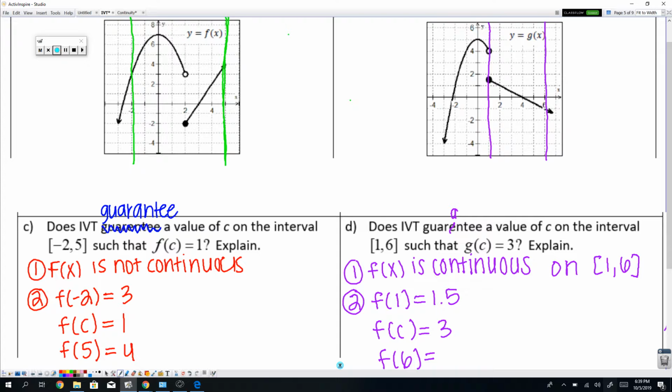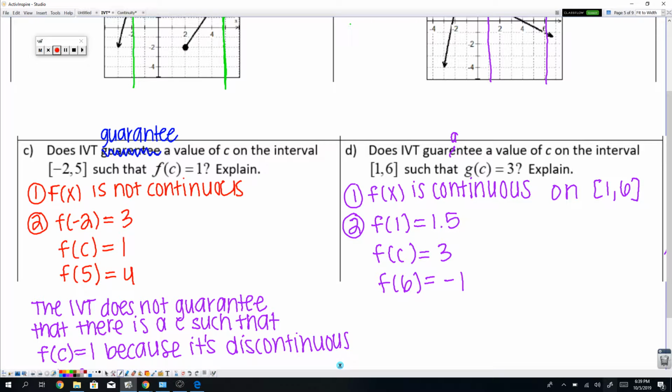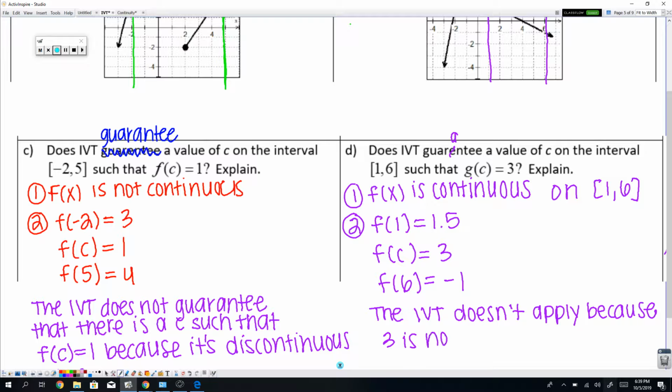F of 6 is negative 1. So the IVT does not apply because 3 is not in between negative 1 and 1.5.